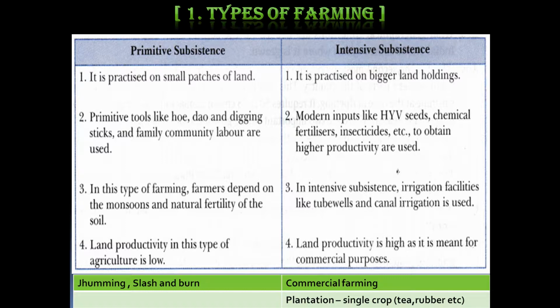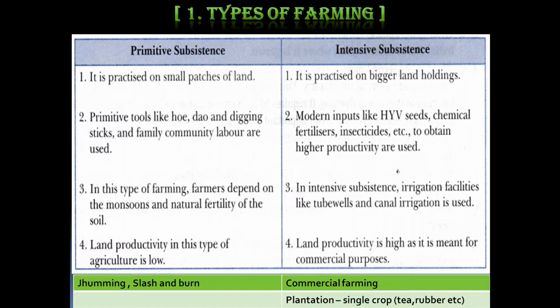Okay, plantation is such a system, such a farming where only one crop is taken and that crop will be commercially cultivated. For example, tea, coffee, okay, then rubber. Only one crop will be cultivated. Then there will be a standard for that crop.